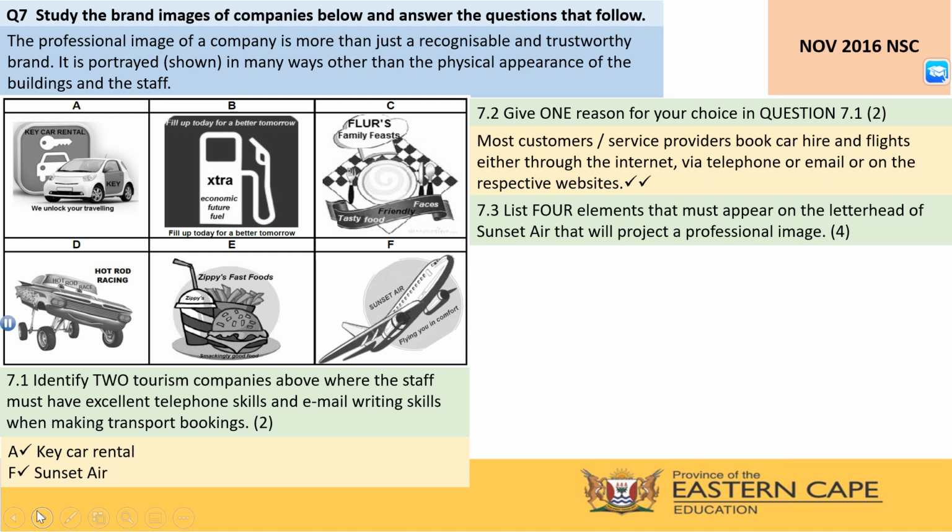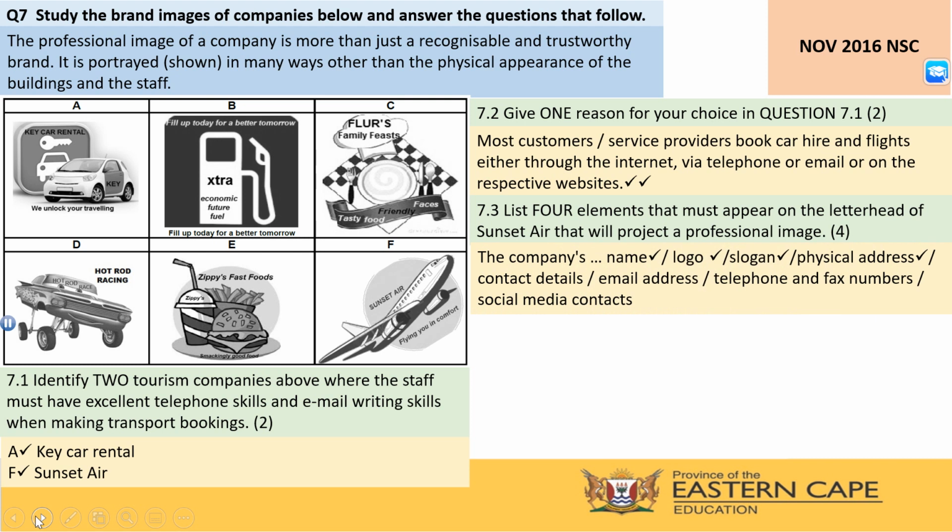So what must appear on the letterhead of that specific tourism business? Remember, the tourism business wants to project a professional image. So there you have your answers. The company's name, the company's logo, slogan, physical address, contact details, email address, telephone fax numbers, and social media contacts.